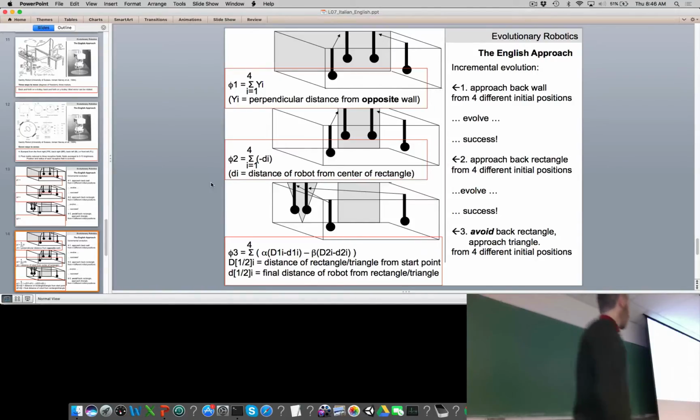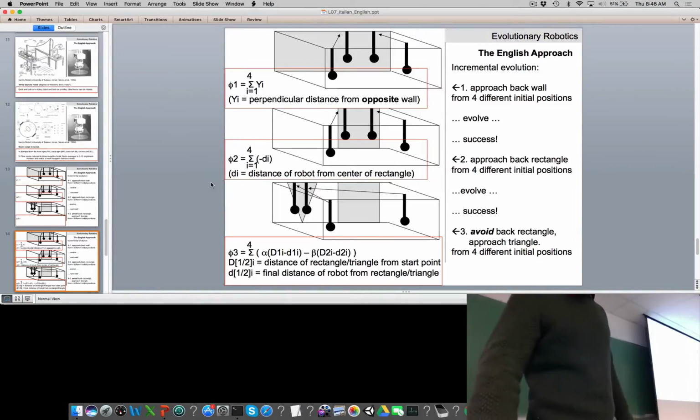The reason the researchers probably did this is they probably did version 1.0 of their experiment and just used this, and it didn't work, right? The robots couldn't find the objects, or they were always going towards the triangle and they might brush up against the rectangle. So they said, let's start with something simple and then gradually make things more difficult. Okay, we'll see a lot more of that as we go.